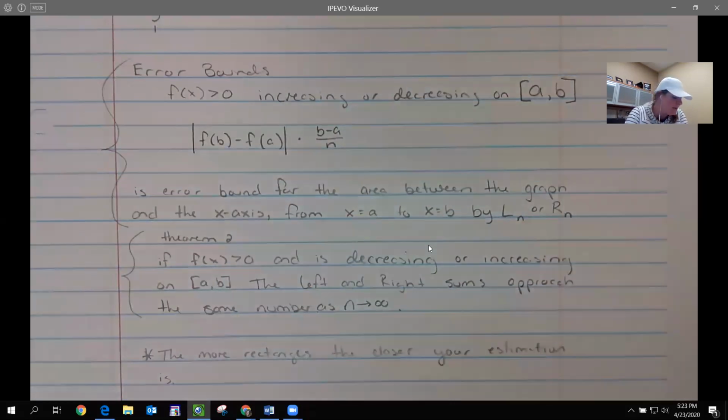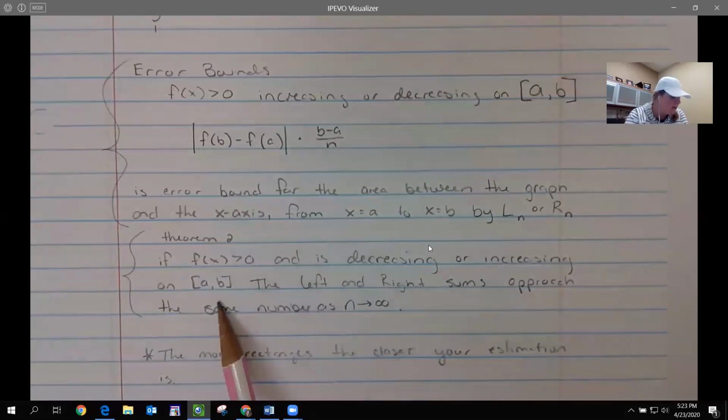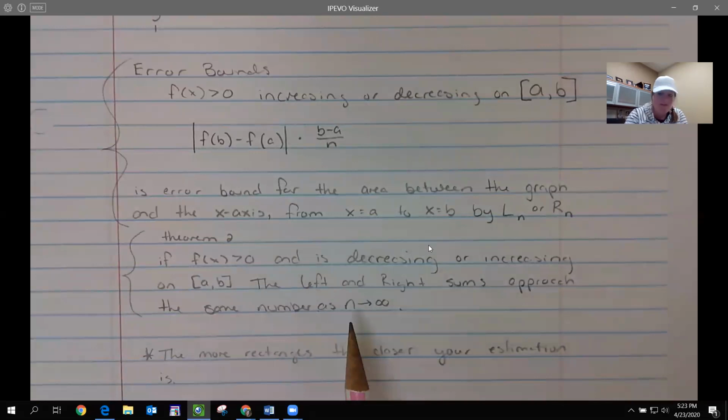Another theorem that we have is if we're above 0, again, where y is greater than 0, which is just the x-axis and above, and you're decreasing or increasing on some interval, the left and right sums both approach the same number as n goes to infinity.